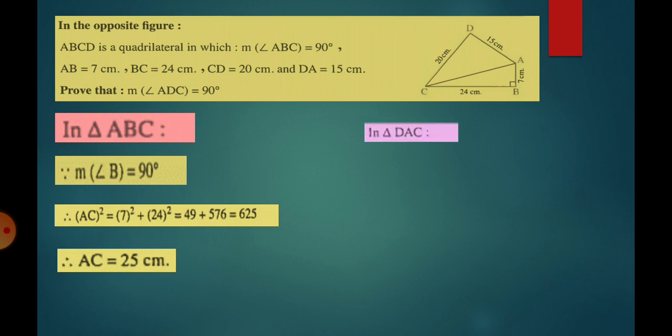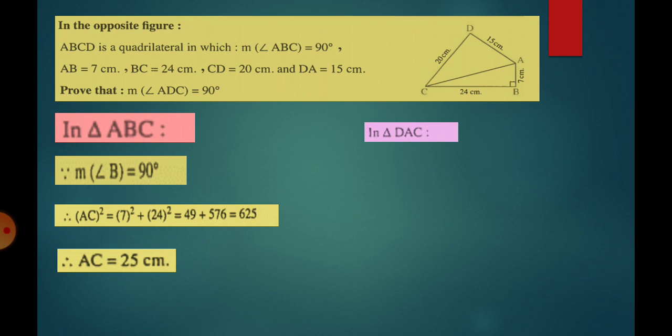In the triangle ADC, now we know the lengths of the three sides. We know AD and we know the length of DC, and we found the length of AC. AC is the longest side. Then we find the sum of the squares of the two other sides.